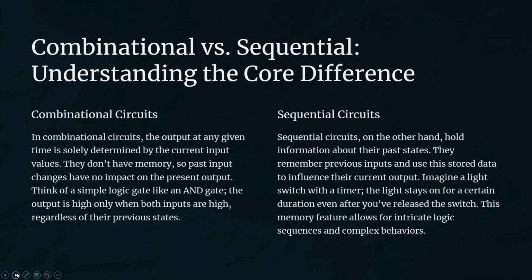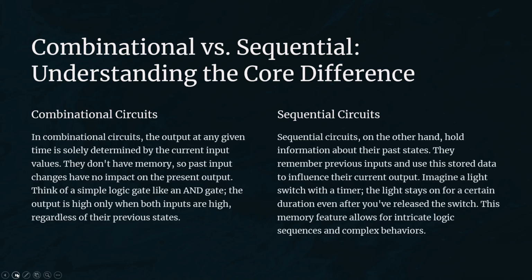They don't have memory, so past input changes have no impact on the present output. Think of a simple logic gate like an AND gate. The output is high only when both inputs are high, regardless of their previous states.